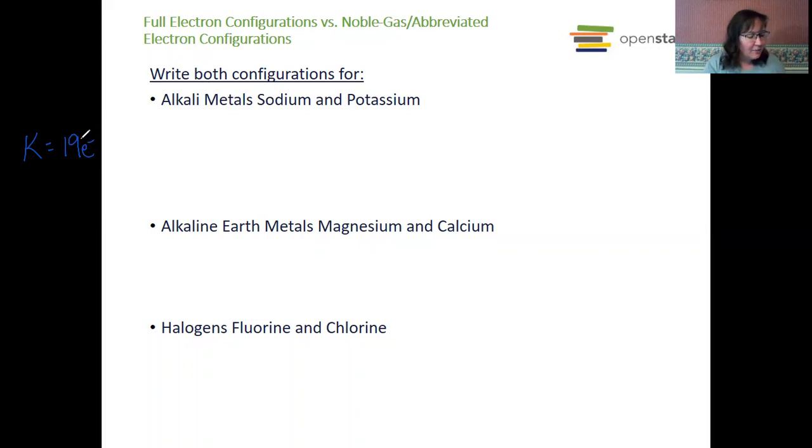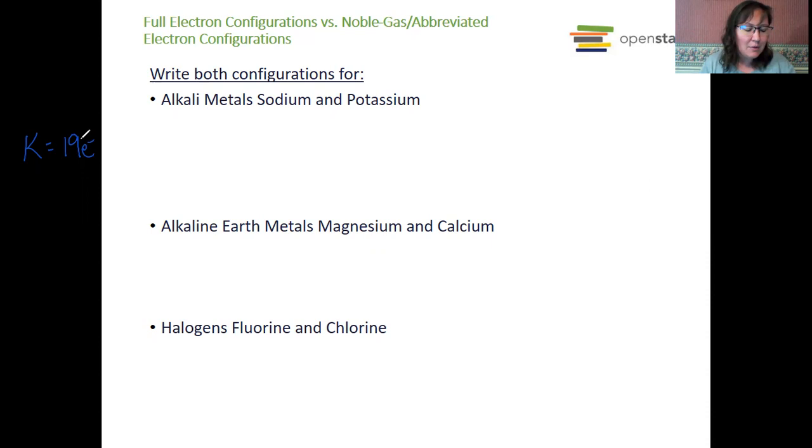I actually look at my periodic table. On the periodic table I'm working off of, I have the numbers written on the side. I have a 1 next to my hydrogen, a 2 next to my lithium, a 3 next to my sodium, a 4 next to my potassium, and a 3 next to my scandium.